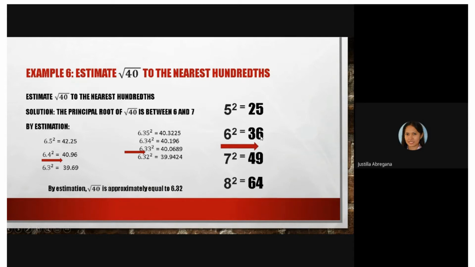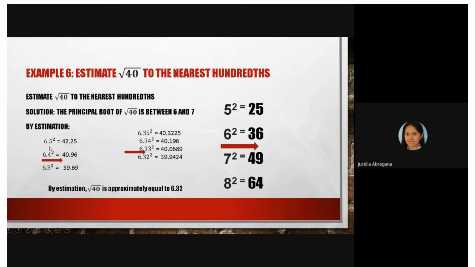It's in between 36 and 49. So therefore, it lies between 6 and 7. So its principal root is between 6 and 7. So first, we'll identify numbers, trial and error.